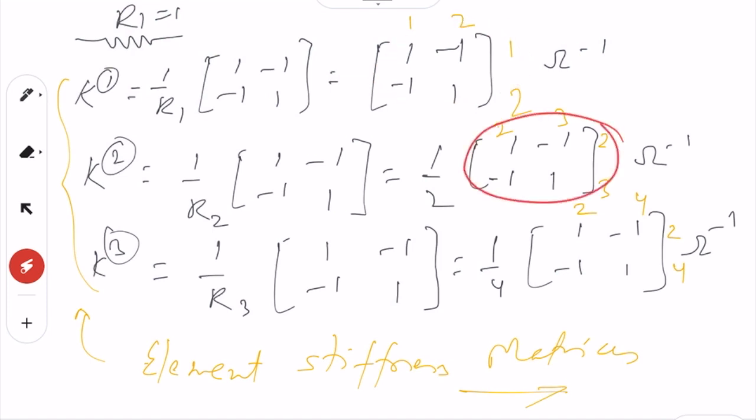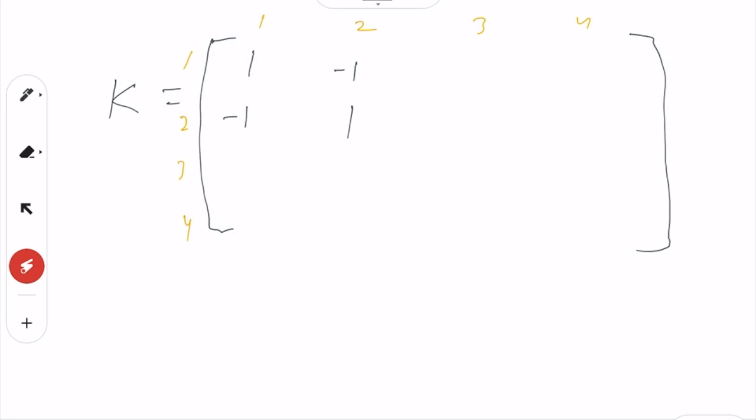Now this one, we just write these things in 2 3 2 3, right. As long as in the global one we are writing in the 2 3 positions, that's fine. So that means 2 2 here, 2 3 is here, 3 2 is here, 3 3 is here, but this is half, remember. So 2 3, this position is 2 3, and 2 3 is here.